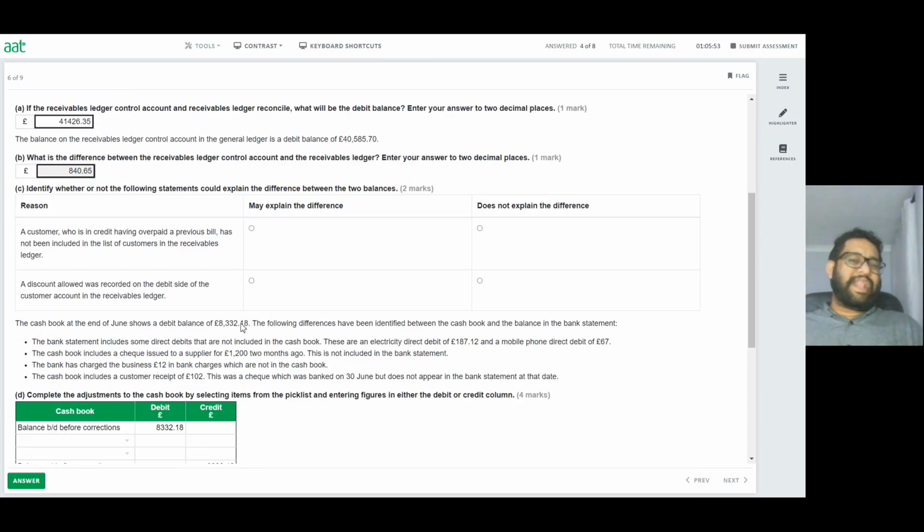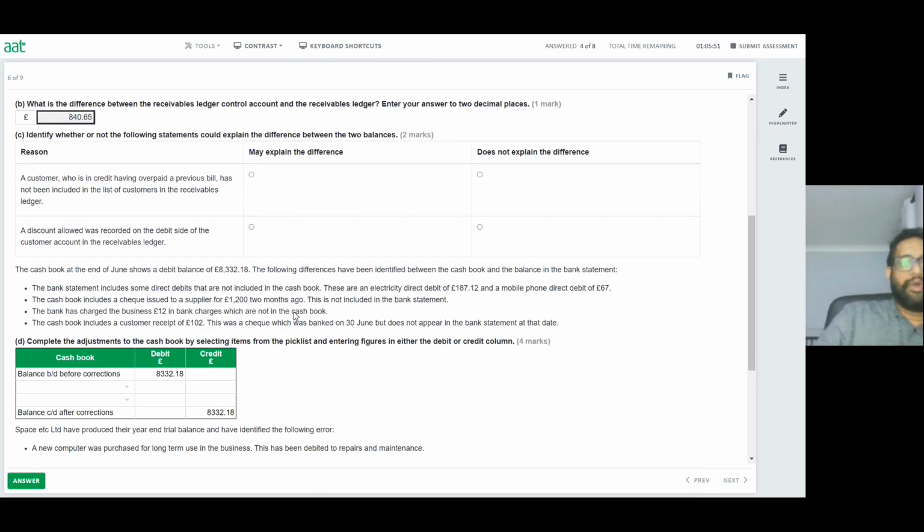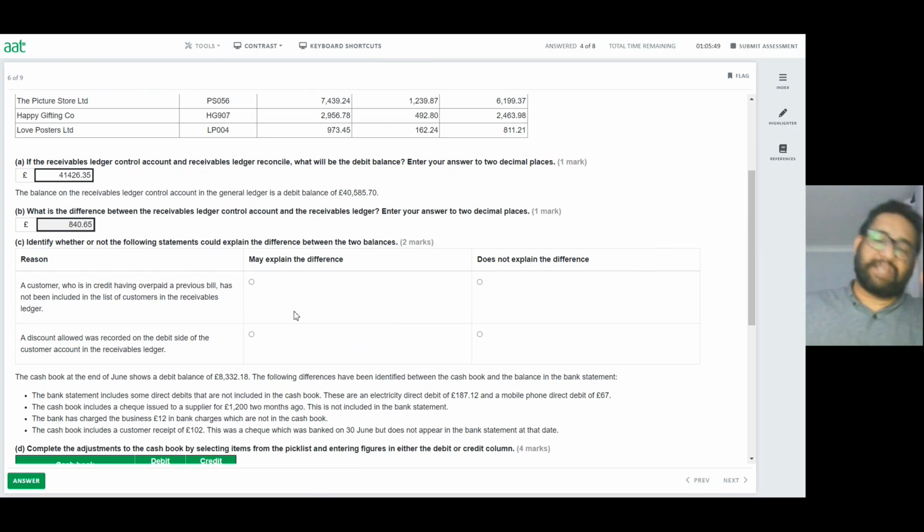That is the difference. But then they are asking you, what could be the reason for that one? And this is how I sometimes do when I get a question that way. I'll try and explain to the students. I normally say to them, okay, write 2 T accounts. One of them is going to be related to your control account. Another one is your ledger account. So when you do both of them, you'll be able to find out what could be that. And you put that scenario there.